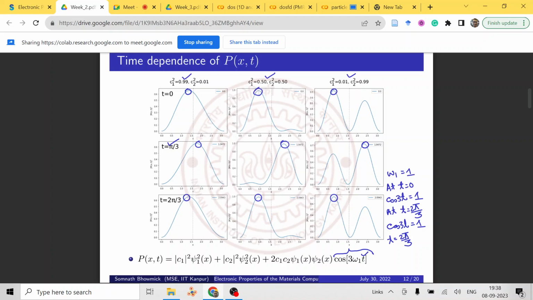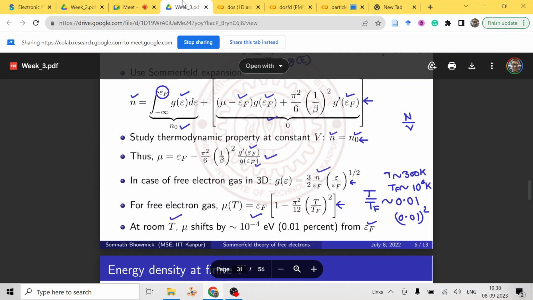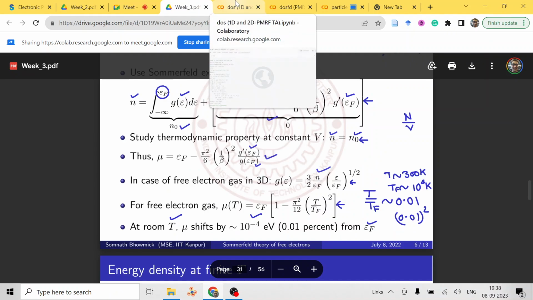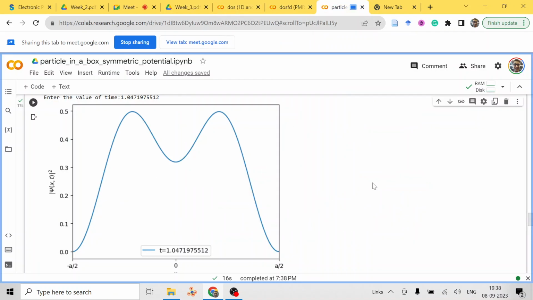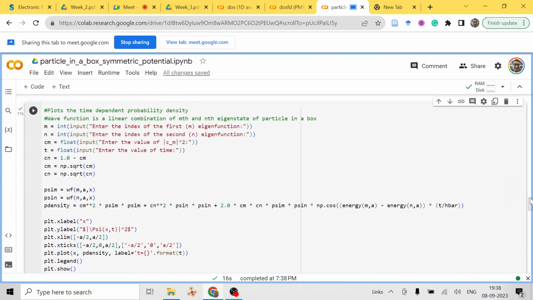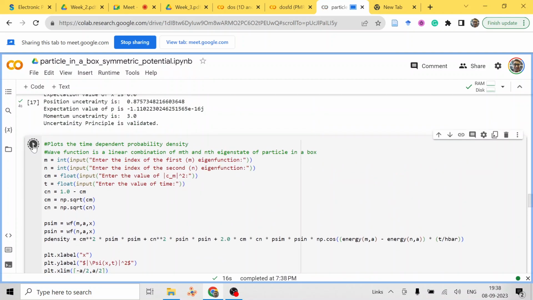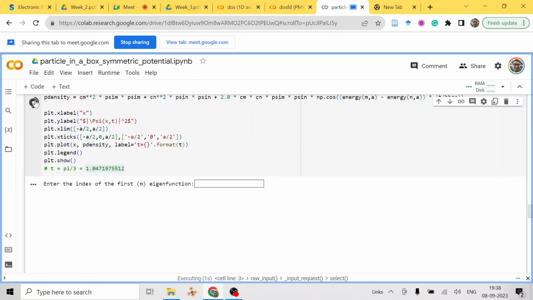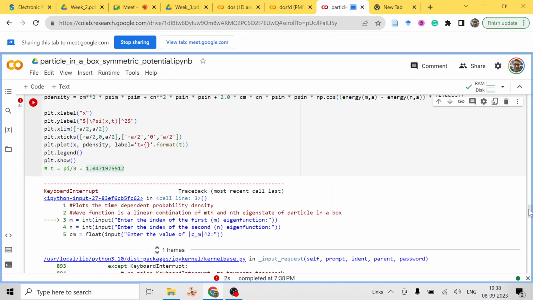You can check here. This could be checked from the equation, because now we have two different kinds of wave functions. So in this minus a by 2 box, this is the difference that we can observe in the time. I'm going to show you.